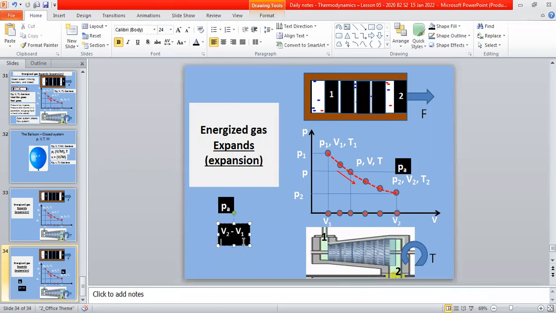So later we will see how we take this average. It's a different story. If this is the expansion, it means the increase in volume.